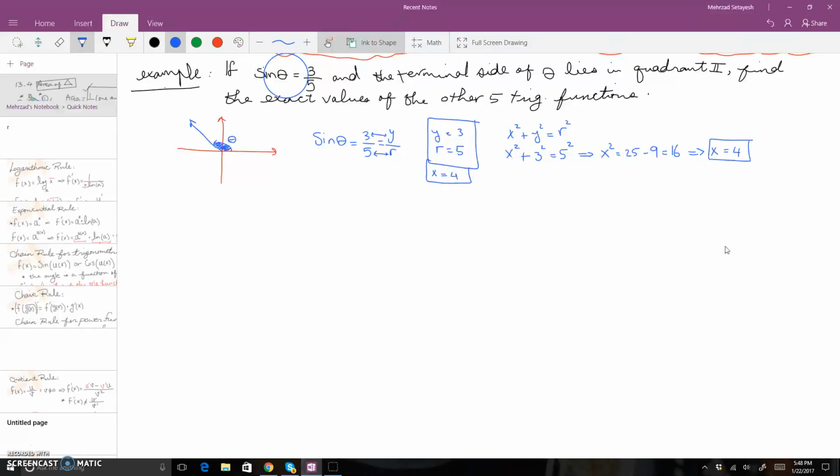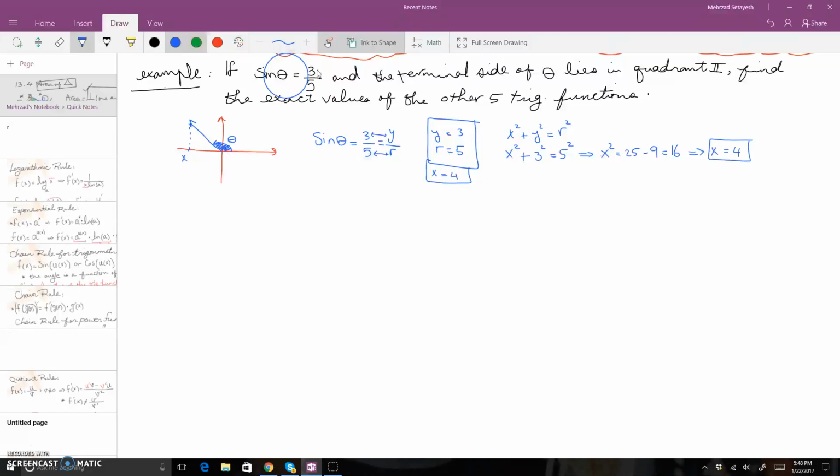Now, something super important. Look here. After I write my x, I go back to the quadrant and I say, oh, this doesn't make sense. I'm saying x is equal to positive 4. However, quadrant is 2. So in quadrant 2, x is supposed to be a negative number. So what happened?